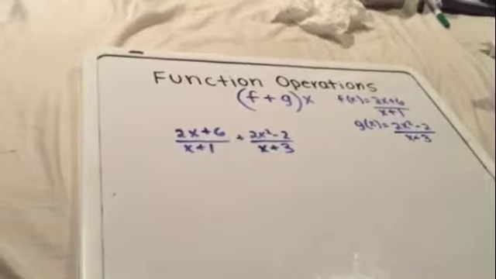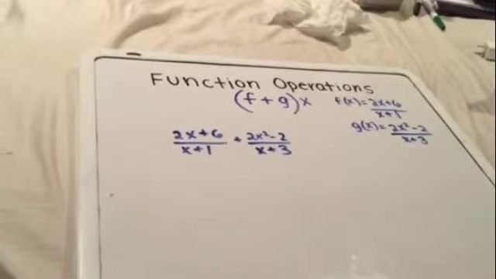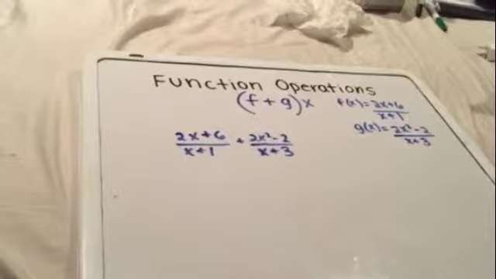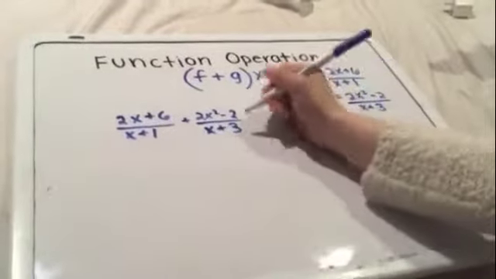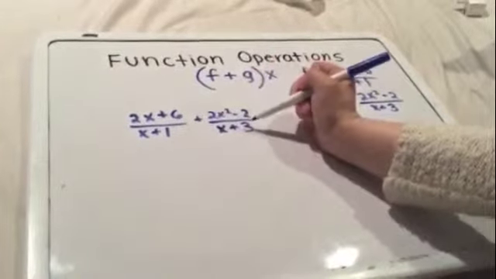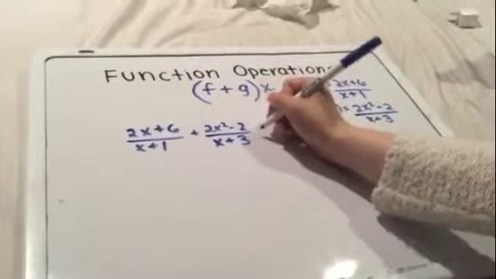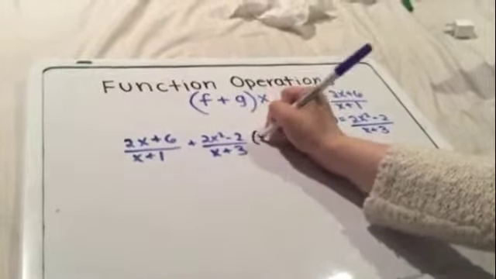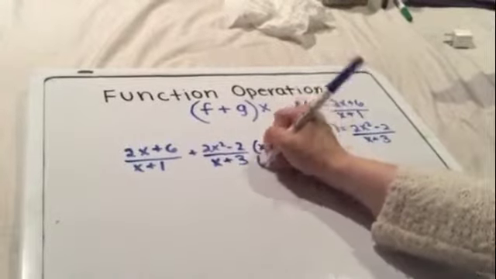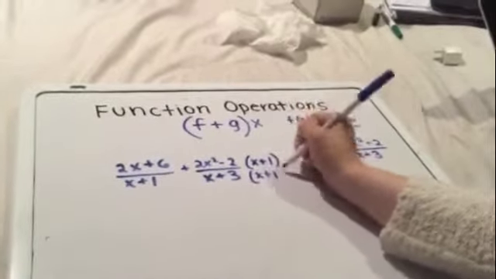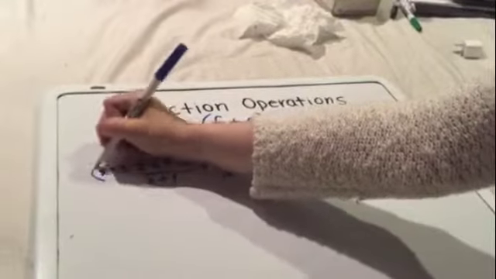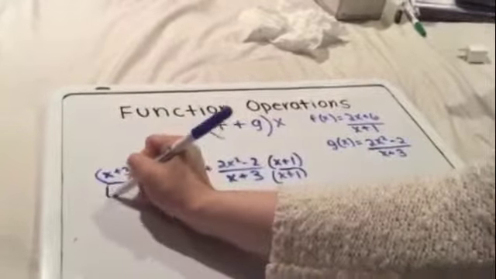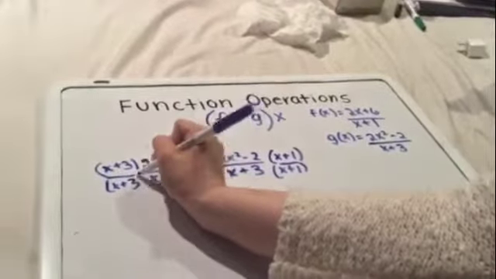What we want to do now is find the least common denominator and multiply by what we need to get the LCD over itself. Since we want to get the LCDs, we're going to multiply this side by this LCD and this side by this LCD. So here, we're going to multiply by x plus 1 over x plus 1, and here, x plus 3 over x plus 3.